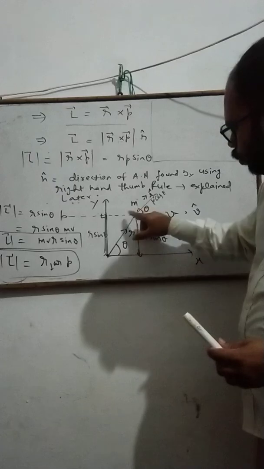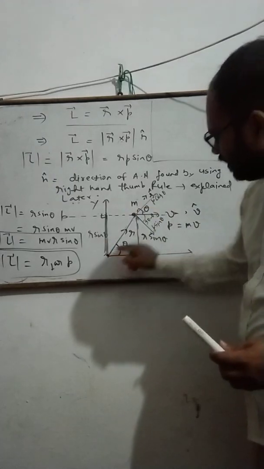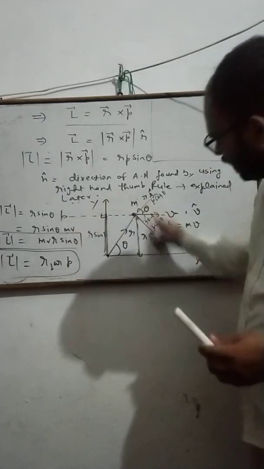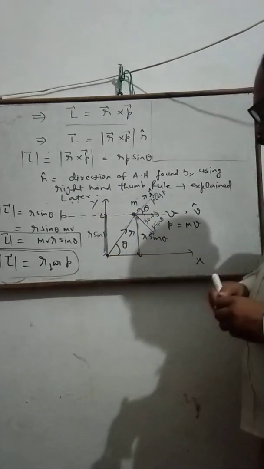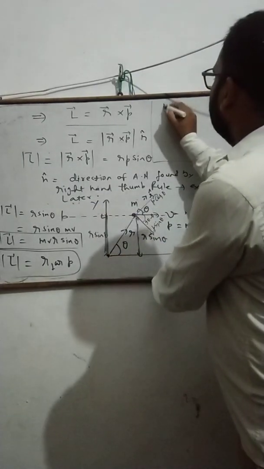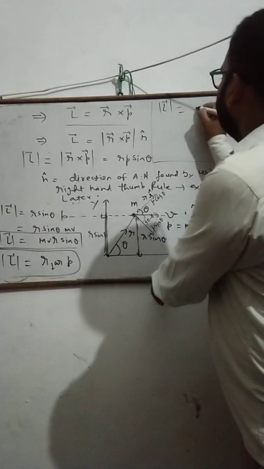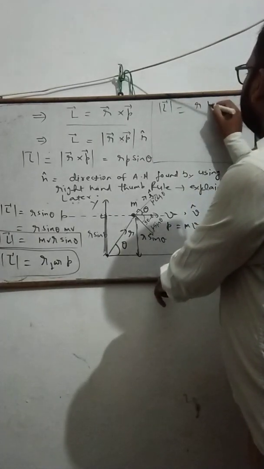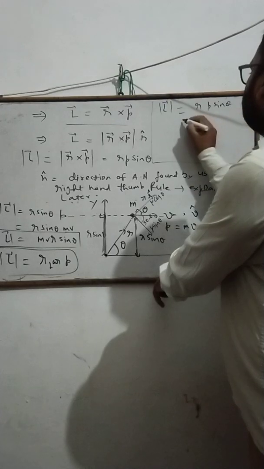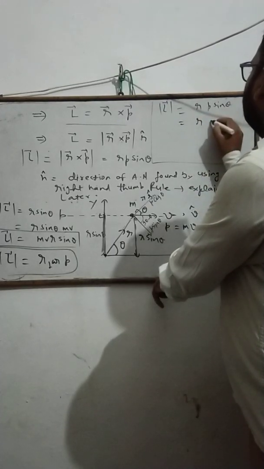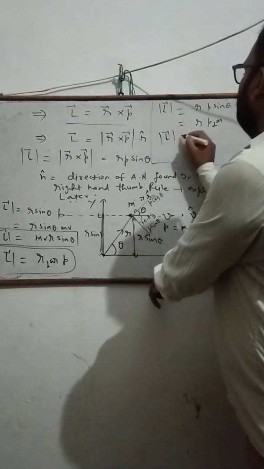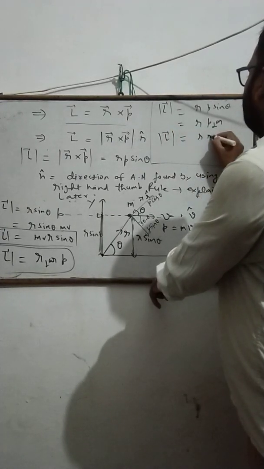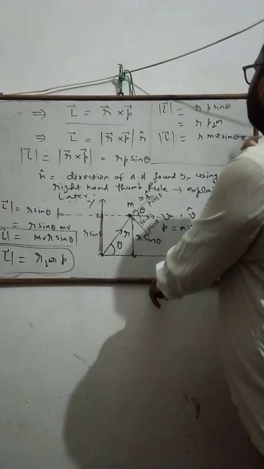What component will rotate it about this point? P sin theta will rotate the point about this origin. So you will write mod L equal to r into p sin theta, that is r into p perpendicular, and this will be given by r into mv into sin theta.